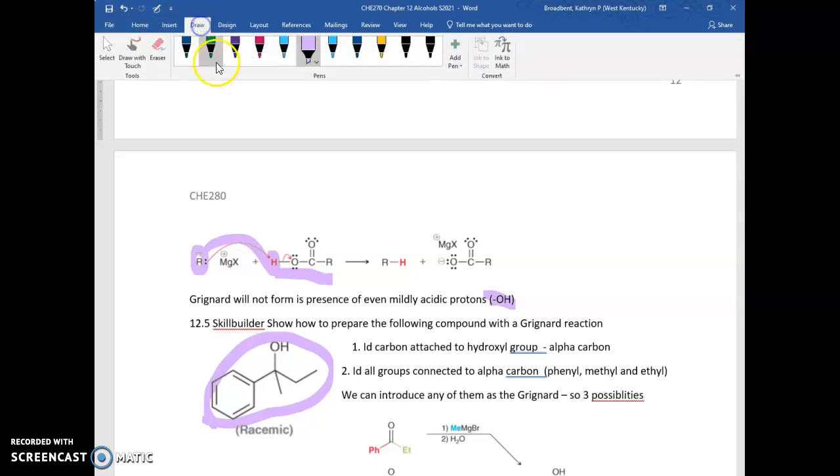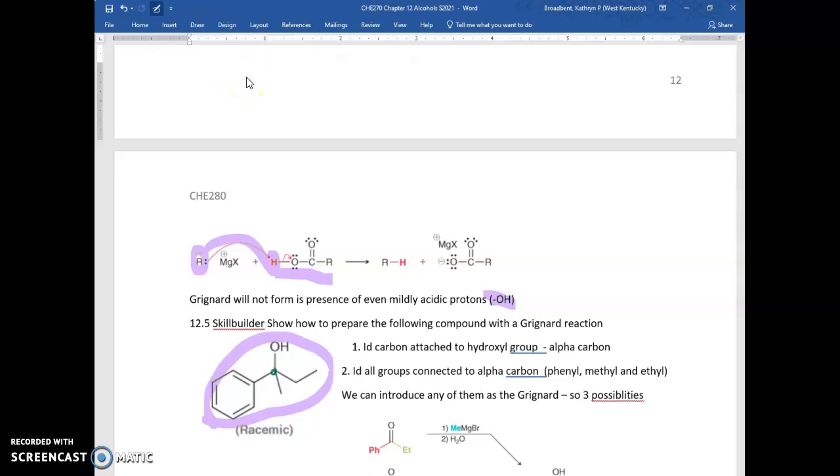So this is our alpha carbon, and we've got 3 groups attached to it. We've got a phenol, this is our methyl, and this is our ethyl.